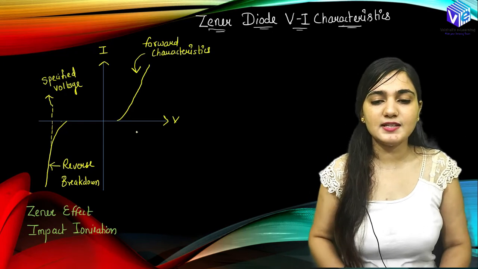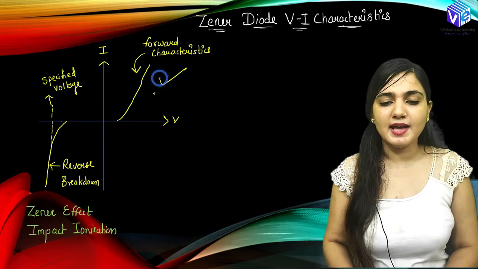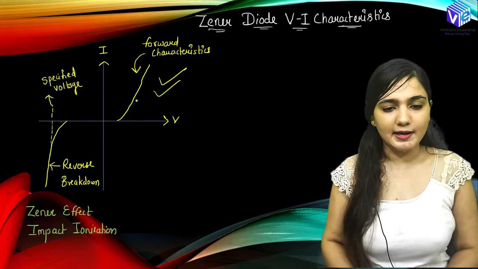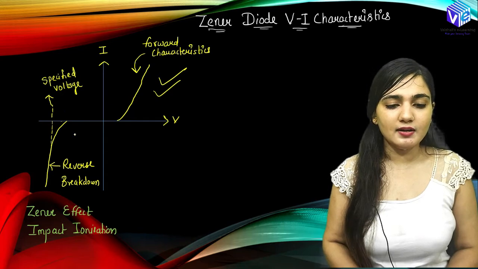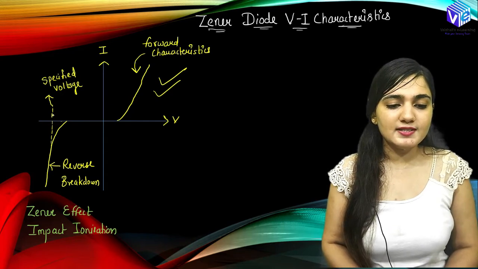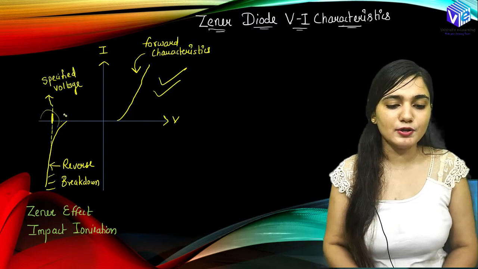This is how the Zener diode's VI characteristics will be looking. In the forward direction, we have the same VI characteristics like any other normal diode, right? Now here in the reverse bias, we will be having the reverse breakdown. So you can see at the specified voltage, I will be getting the maximum current. If I change the current also, there would be no change in the voltage.